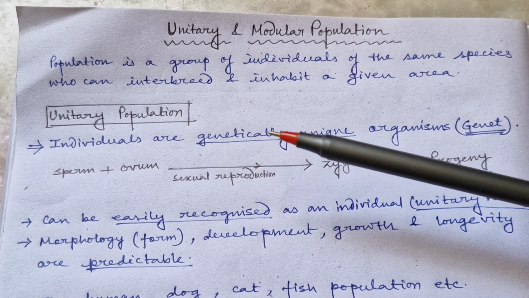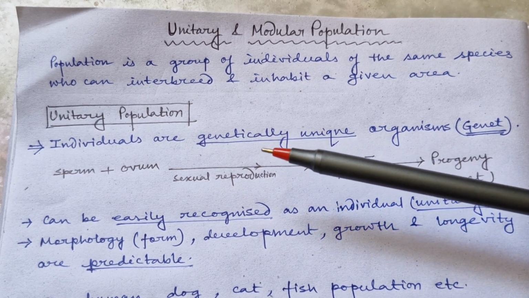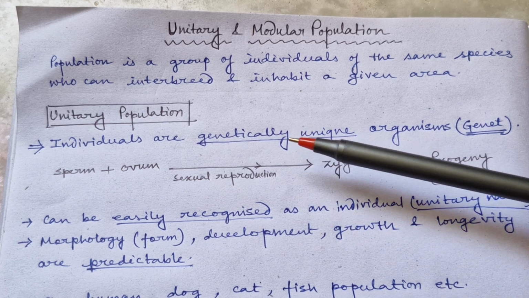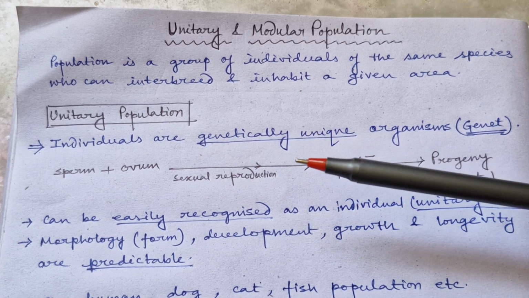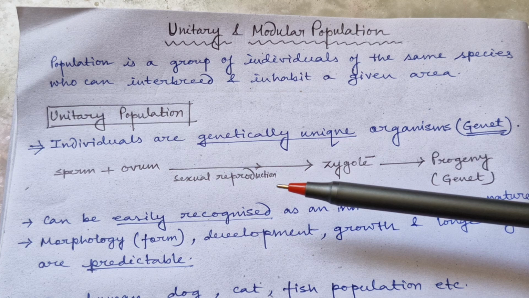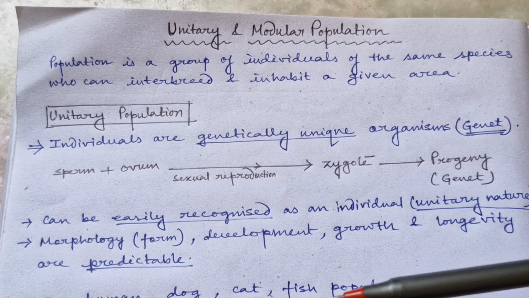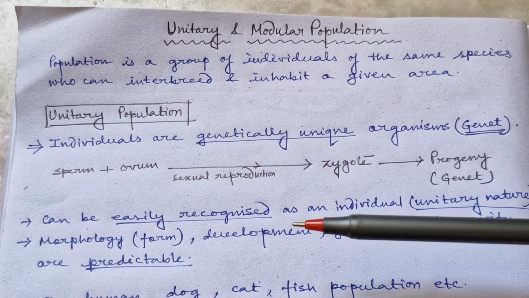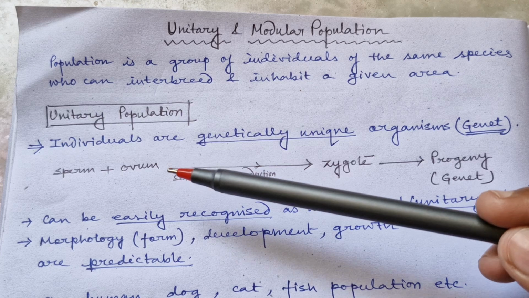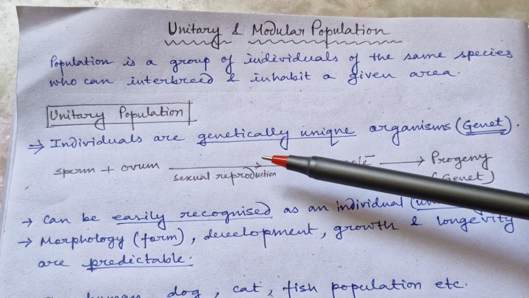As you know, no two human beings are genetically similar, except monozygotic twins. No two human beings are 100% genetically similar. Why? Because they are the product of sexual reproduction.